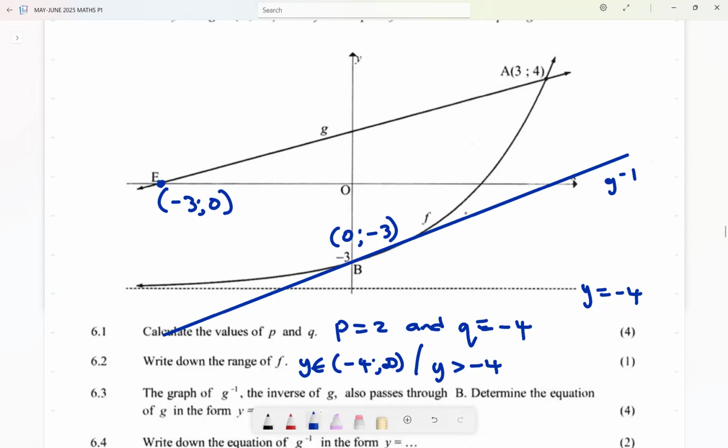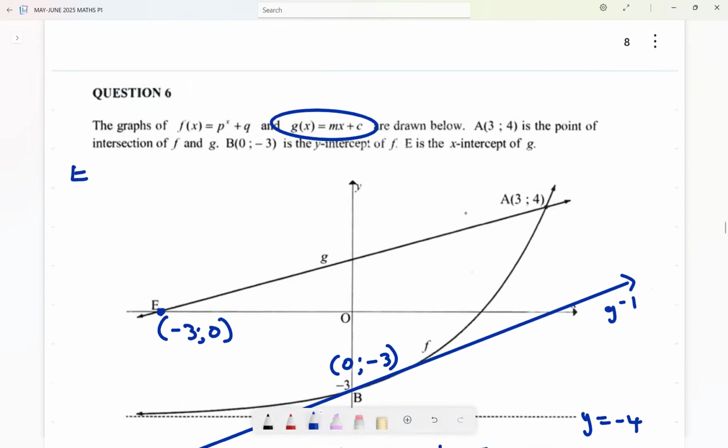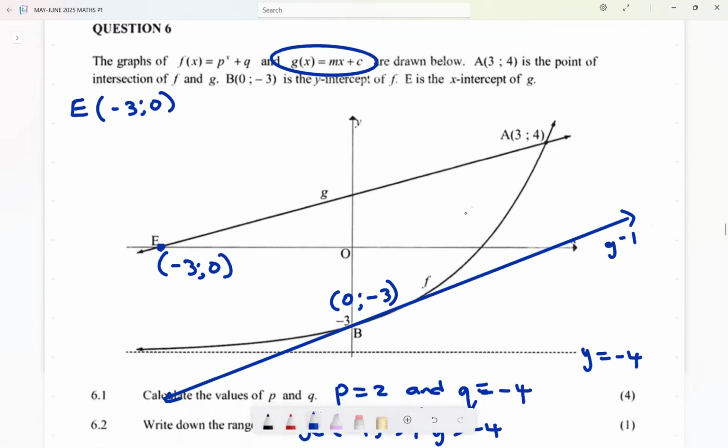Hence, they told us the inverse passes through that point, so that we can take this point, because if you do not have the point of E, there's no way you're going to find the equation. So you just needed to say E has the coordinate of what? Remember, you need to tell the examiner -3 and 0.